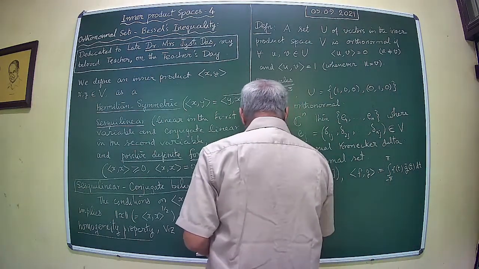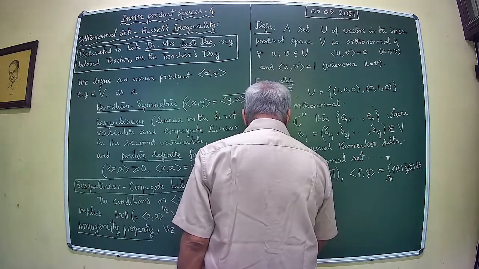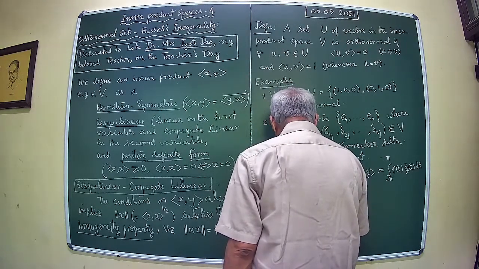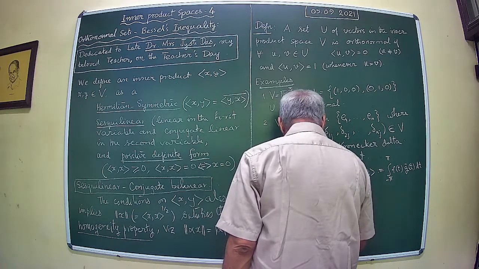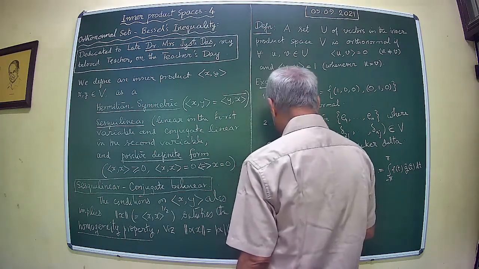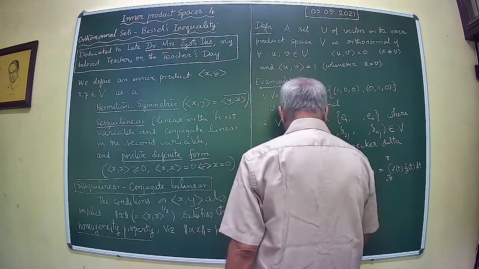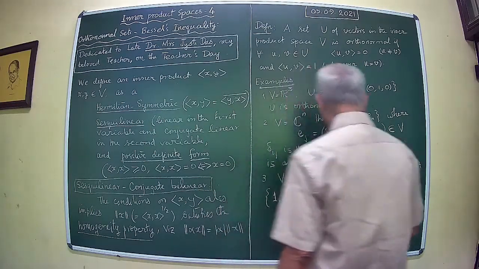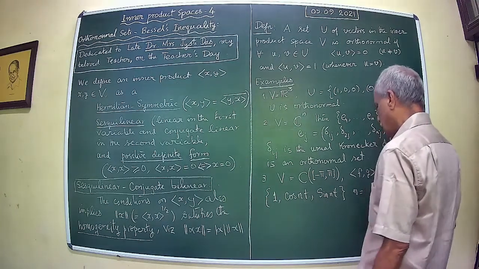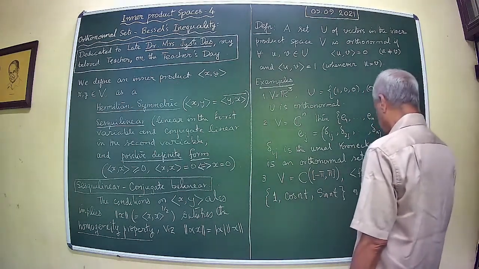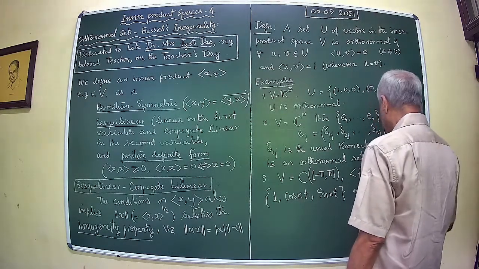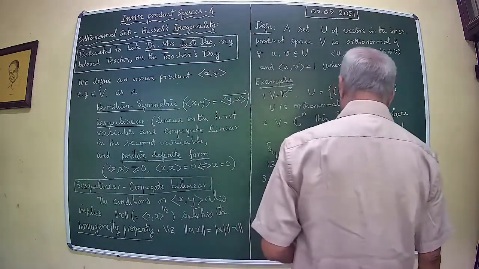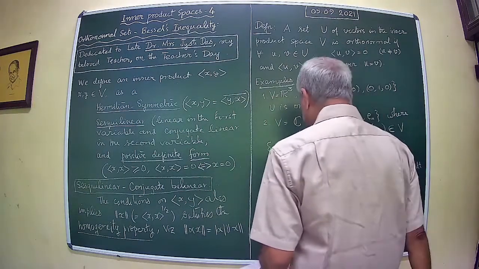So you look at this collection of functions: 1, cos nx, sin nx. This collection of vectors.